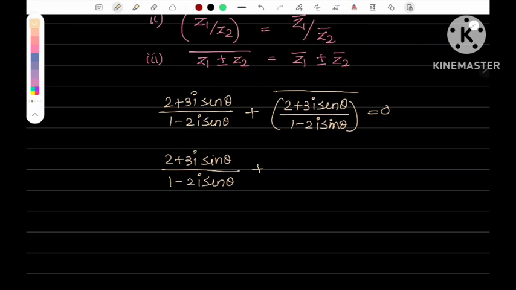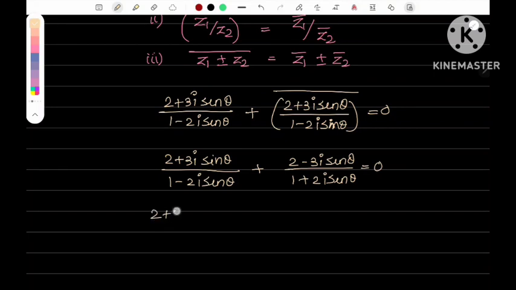So I will directly write the conjugate: (2 minus 3i sin theta) divided by (1 plus 2i sin theta) is equal to 0. Now let us cross multiply.